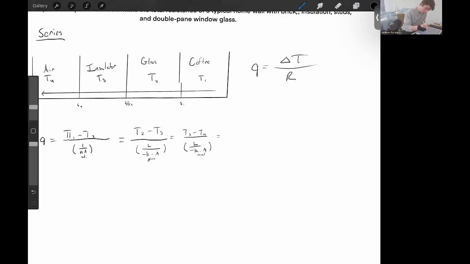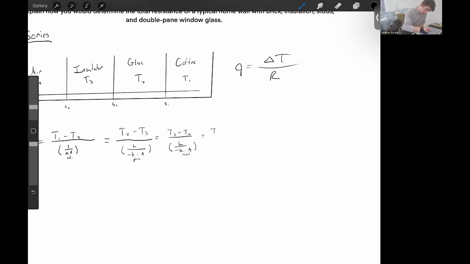All right, and now we are concerned with the air, which is T4 minus T5 over 1 over hA, and this is for air.